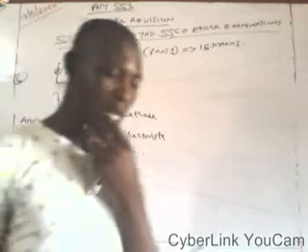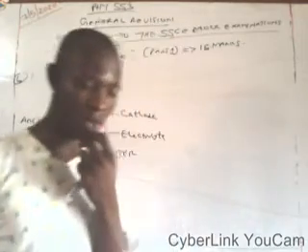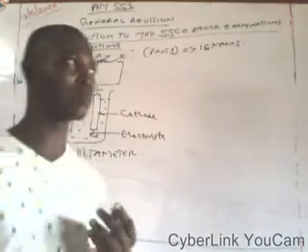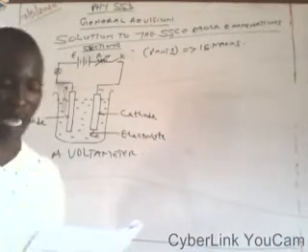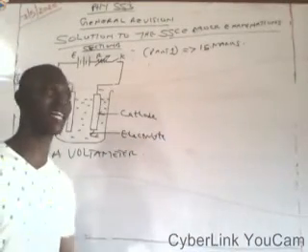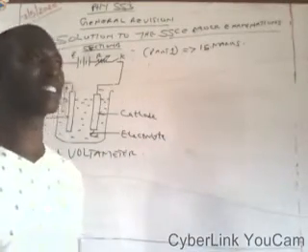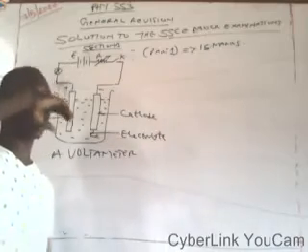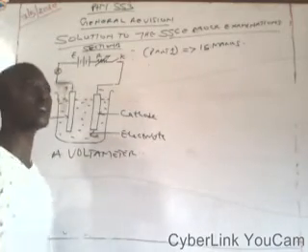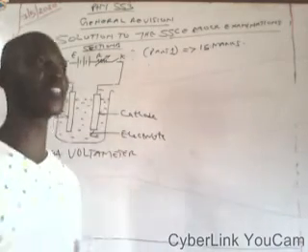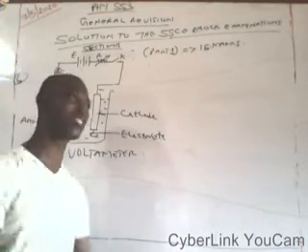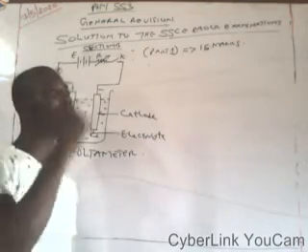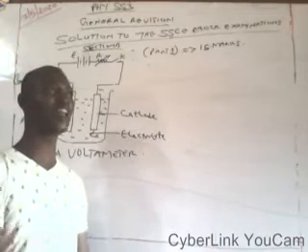Question number 5. Explain why sound wave cannot be plane polarized. The simple and straightforward answer is that, don't forget, we have the properties of waves: reflection, refraction, diffraction, interference, and polarization. We also have two types of waves, transverse and longitudinal.